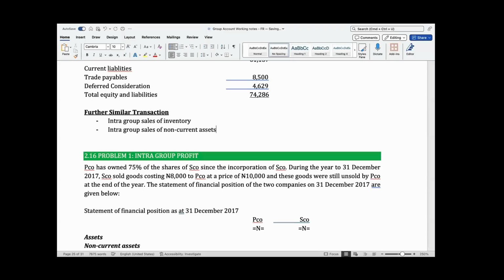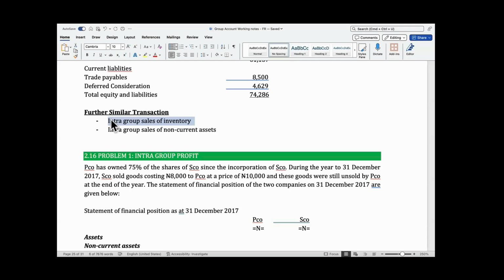The principle is very clear here. For intragroup sales of inventory, if the parent and the subsidiary sell goods to one another, and that results in trade receivables and trade payables, I already told you that you cancel that out. What I've not told you is this, which we have not got into.